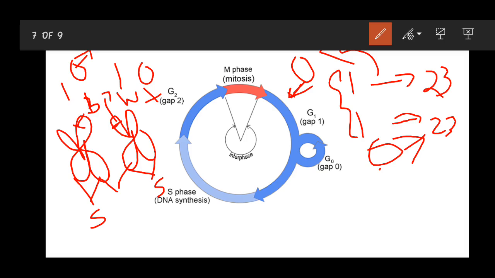In the case of sister chromatids, they will also have the gene for hair color, but it will be the same, it will be brown. If this is white, this will also be white because they are produced by replication. These two are usually referred to as non-sister chromatids. The main thing is they are derived from different parents, and the similarity is that they will have the same genes at the same locations.